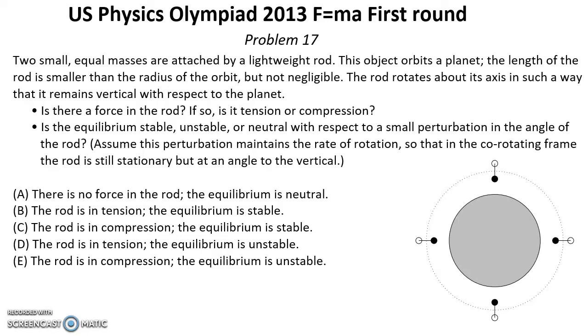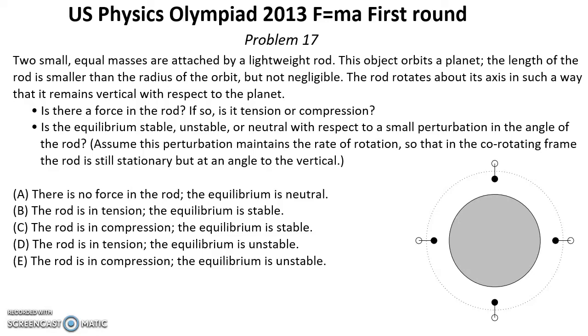So the rod must exert an inward force on the outer mass and an outward force on the inner mass. Thus, the rod is in tension. Second, the stability of the position is best understood in the co-rotating frame.